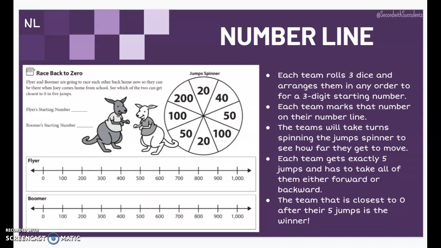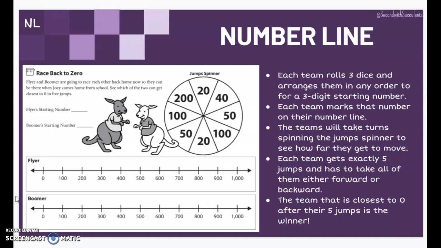For Number Corner today, we will be playing a game called Race Back to Zero. This game is very much like the game we played last week called Race to 1000. Only this time, we're going to go in the opposite direction. Here's how we play.